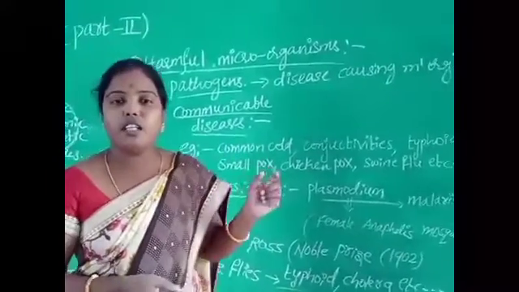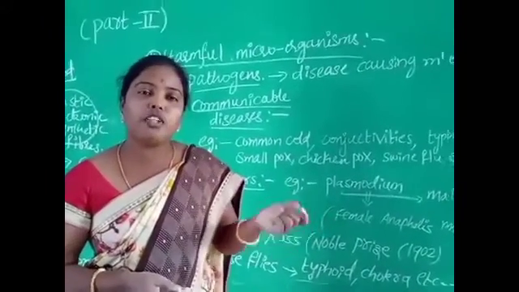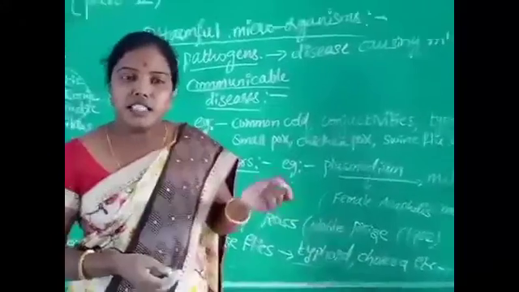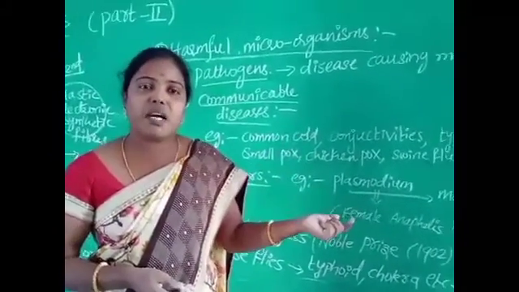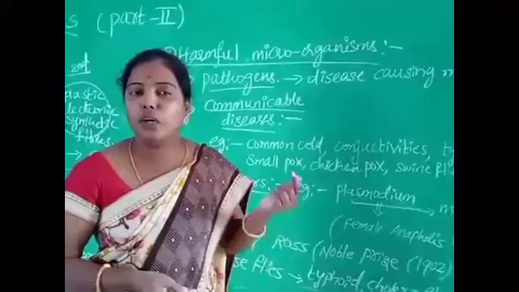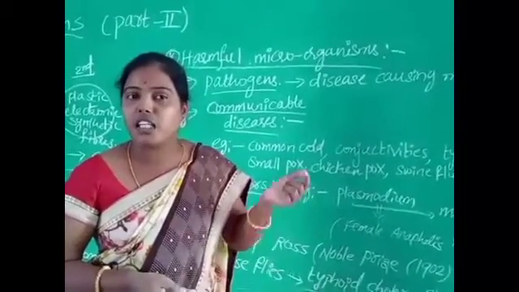Very important. Children, what are communicable diseases? Cough, cold, typhoid, hepatitis: these diseases spread from an infected person to a healthy person through air, water, food, clothes, animals or insects.